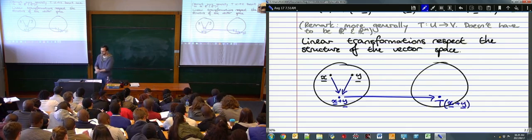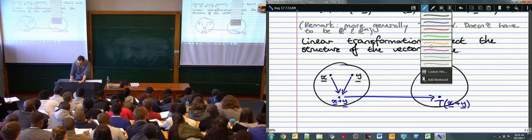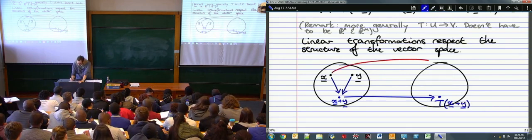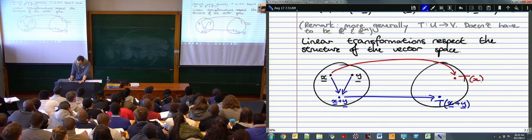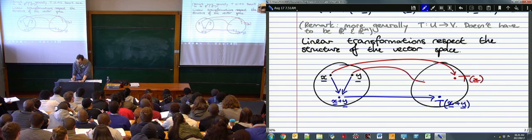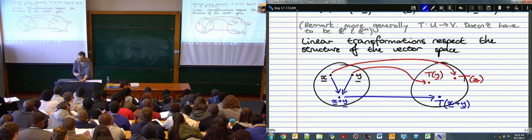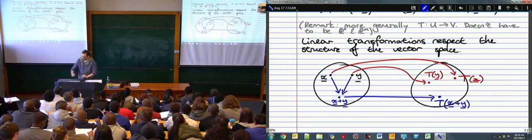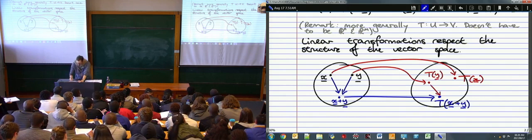On the other hand, I could take this vector x, and I could transform it, and I get the transformation of x. And I could transform y, and I get the transformation of y over here. And then if I add those two transformed things, I end up actually at exactly the same place, right?